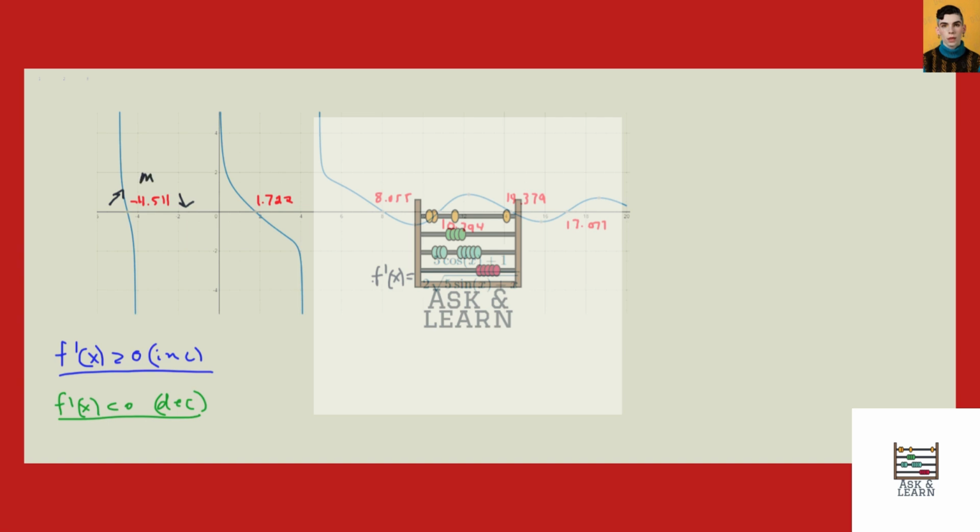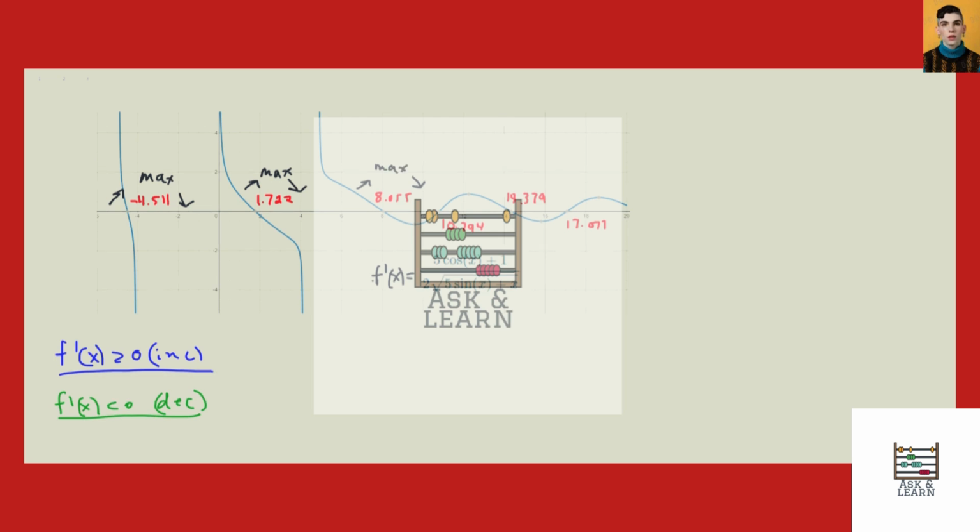So we know this is going to be a local max. Our other intercept, well, it's positive to the left, so it's increasing into it, and then it's negative after, so it's decreasing after, so we get a max there. Our next intercept, again, it's increasing into it, and then decreasing after, so we have another max.